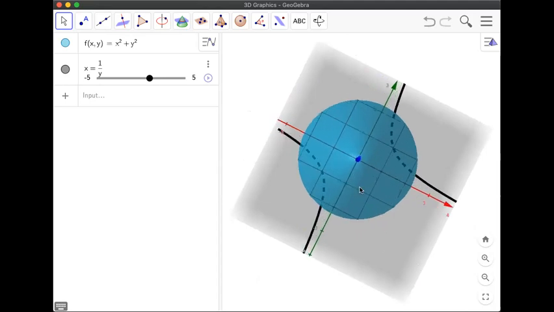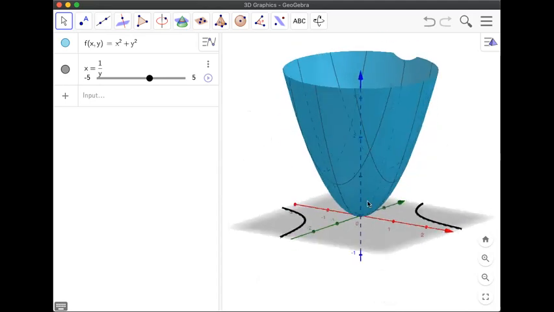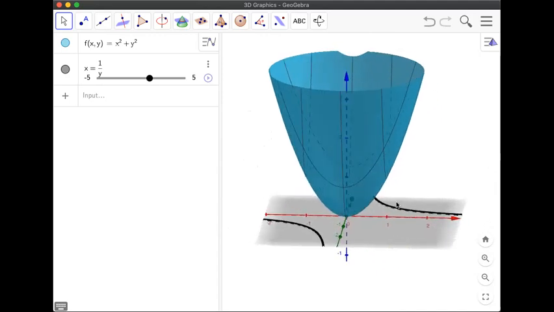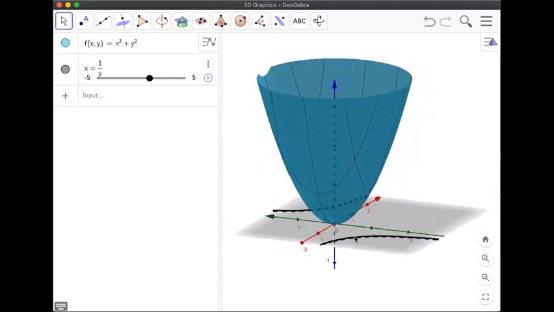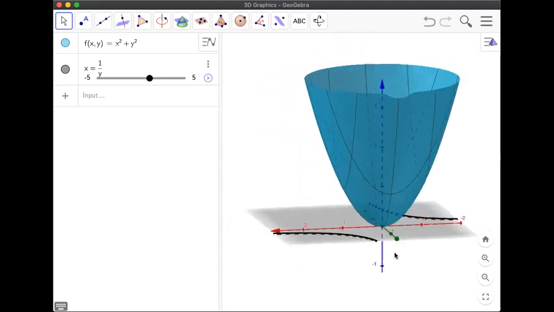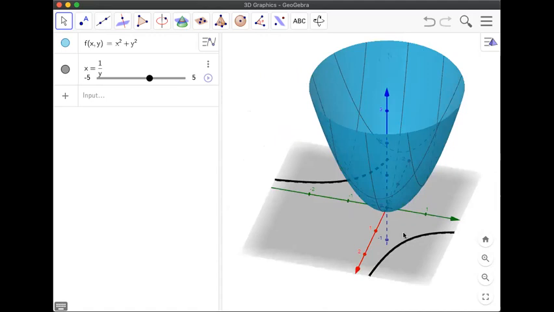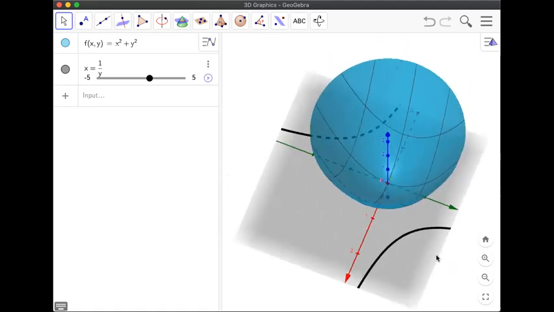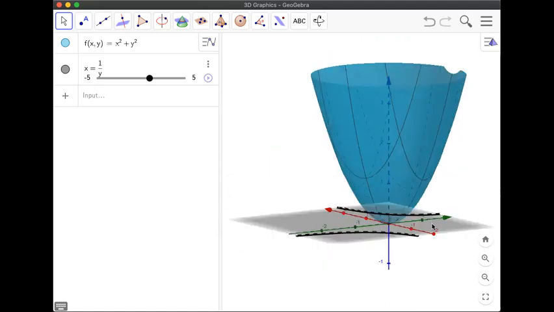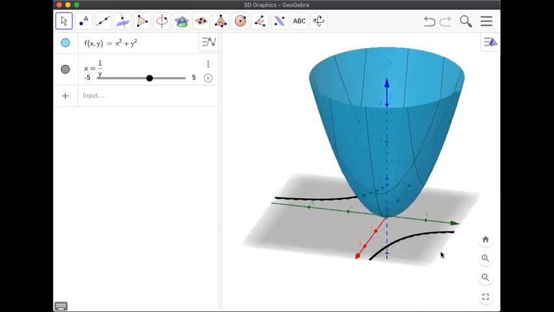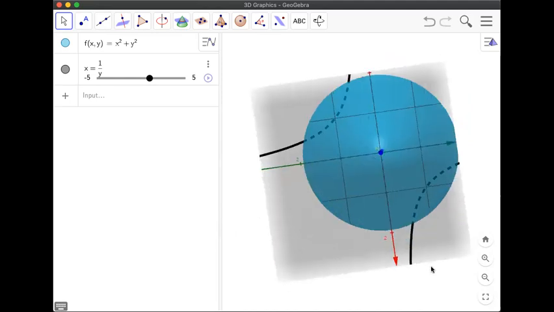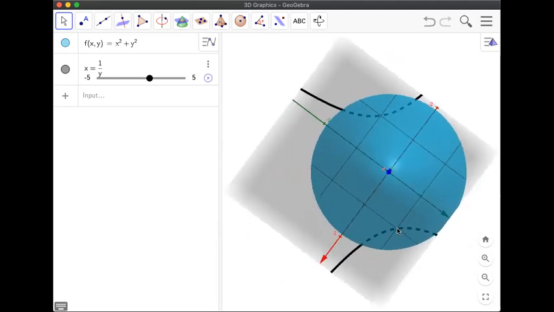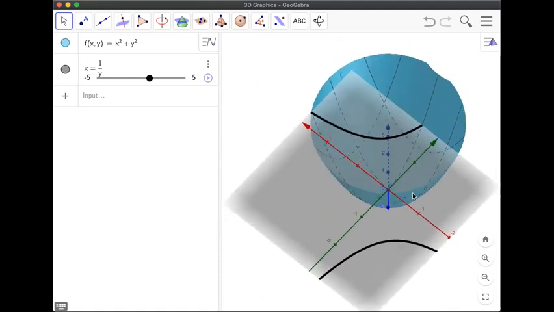This guy here, of course, should raise. So it seems that the point 1, 1 is somewhere here, and when it's projected, it will be somewhat here. I cannot see the projection itself.